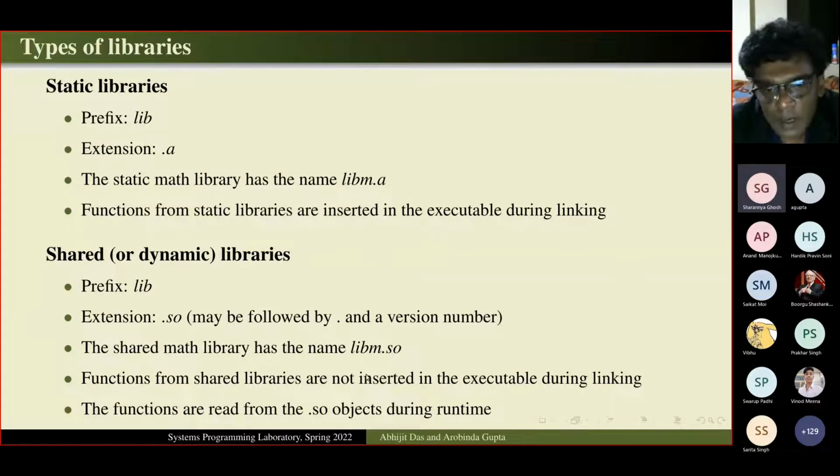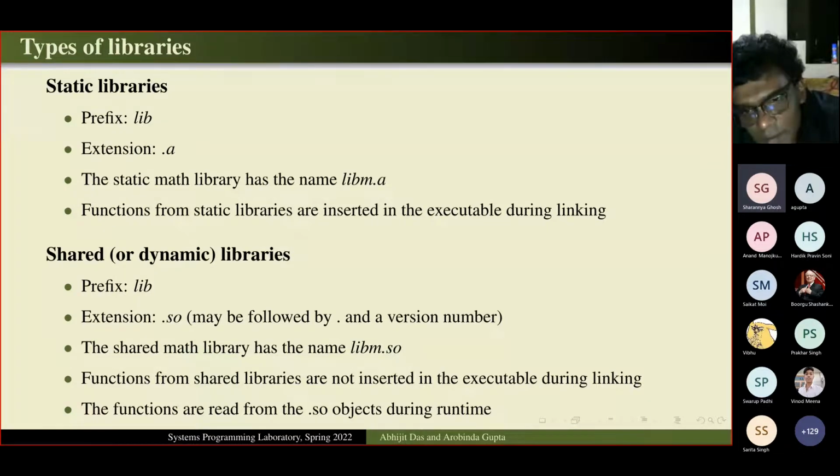But if you want to run an executable which requires a shared object, this object has to be there in the target machine. So if you compile your code with the shared object and try to run it on another machine, if that is not present, your code will not run. Okay, each has its own advantage or disadvantage, but these are two standard ways of doing it. So does that answer your question?